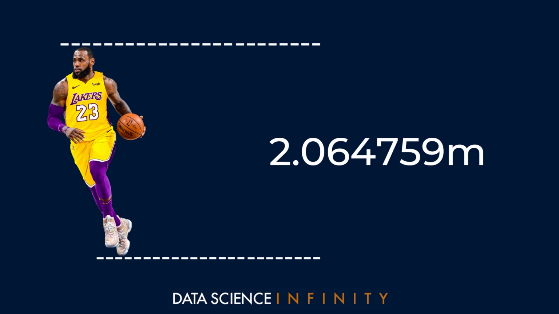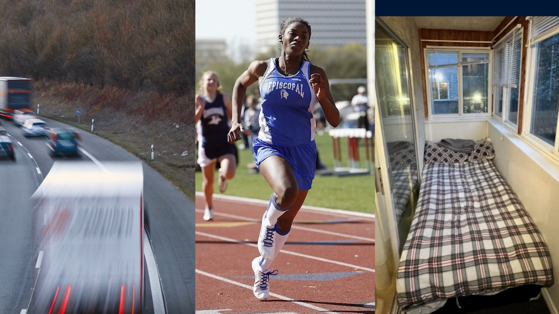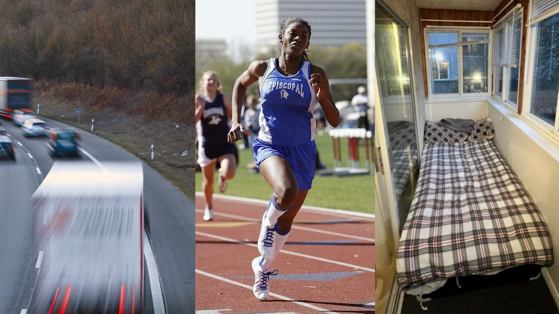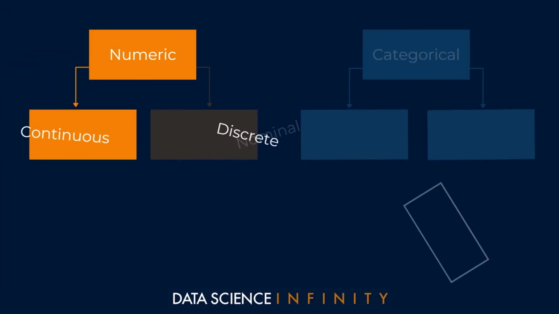The key thing to remember here is that continuous numeric data has an infinite number of possible values within it. So other examples of this could be the speed of a truck, or the time taken for somebody to run a race, or the size of a room. Each of these measurements can be broken down further and further. So that is continuous numeric data.